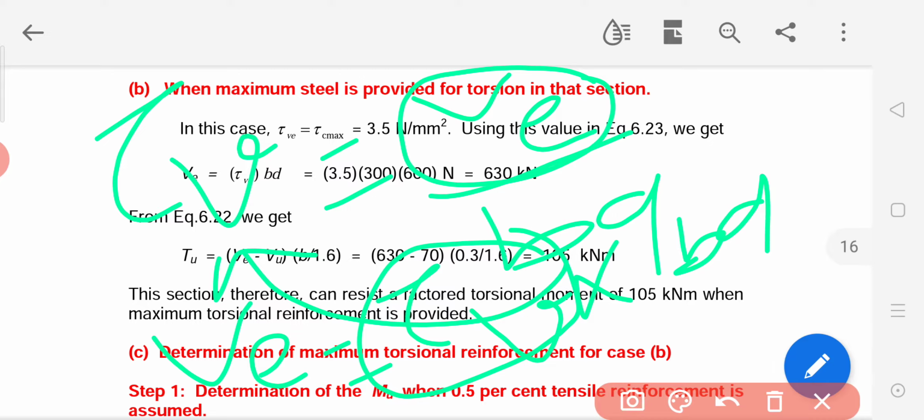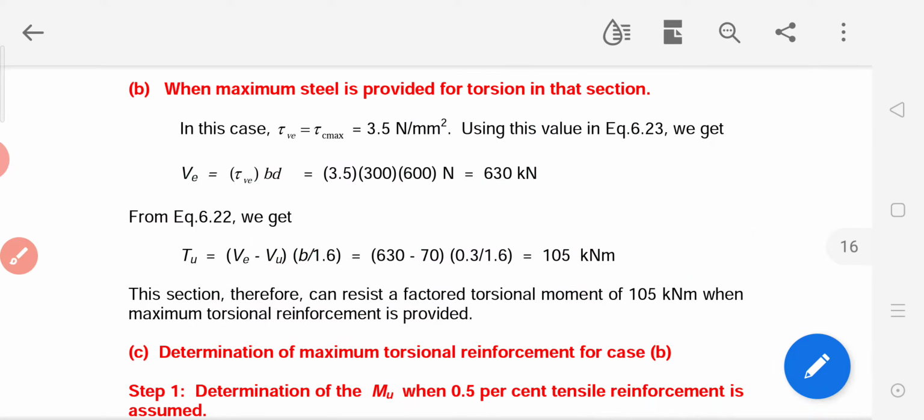From the equation, Tu equal to (Ve minus Vu) into b upon 1.6, so Tu equal to 630 minus 70 into 0.3 divided by 1.6.